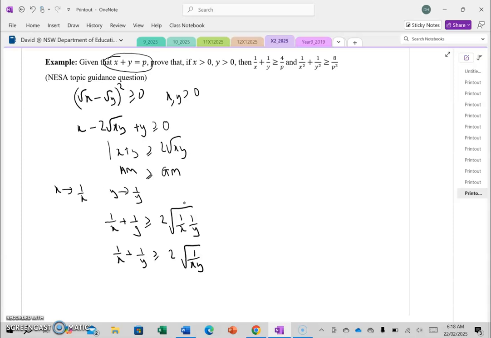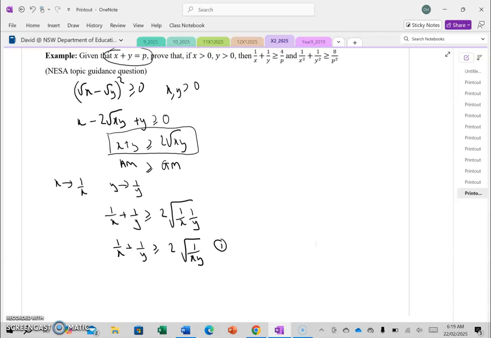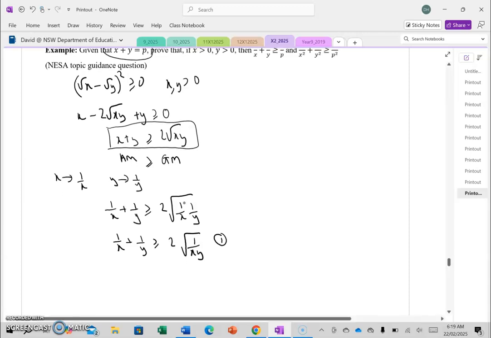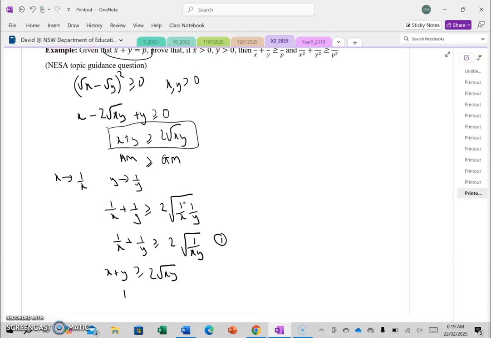So if I actually apply that here, I'll call it 1 maybe. We'll come back to that one. So we've got x plus y is greater than or equal to 2 root xy. We'll get the p in there.